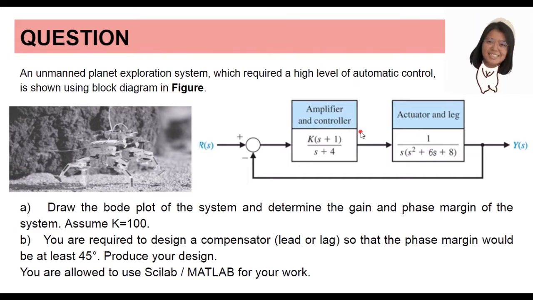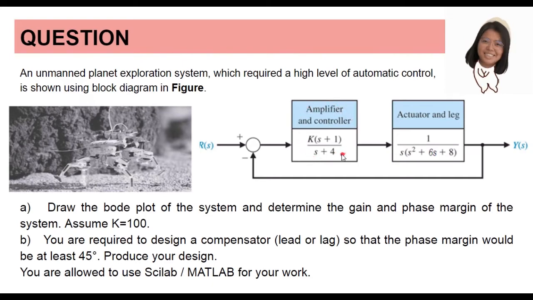A closed-loop control system is a control system which uses the concept of an open-loop system as its forward path but has one or more feedback loops or paths between its output and its input. You can see that R acts as the input and Y acts as the output. The system has two functions.